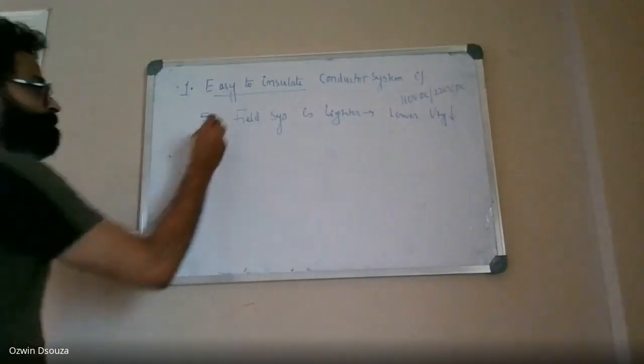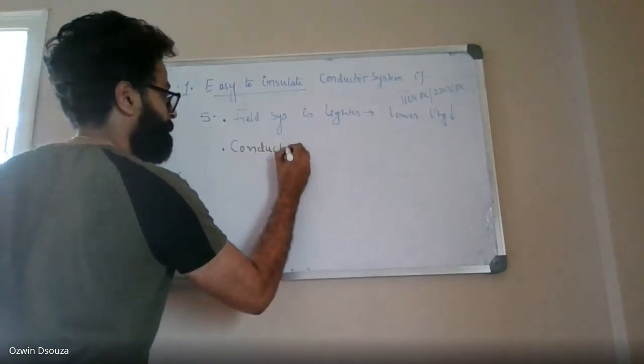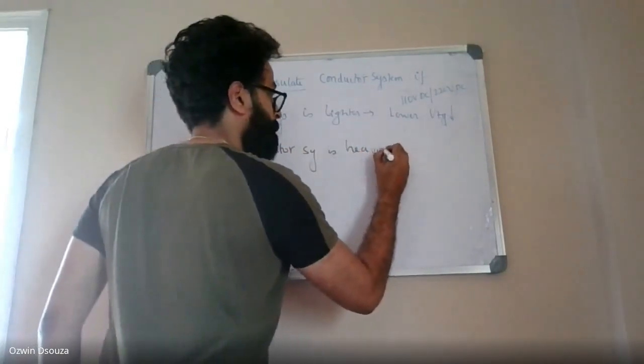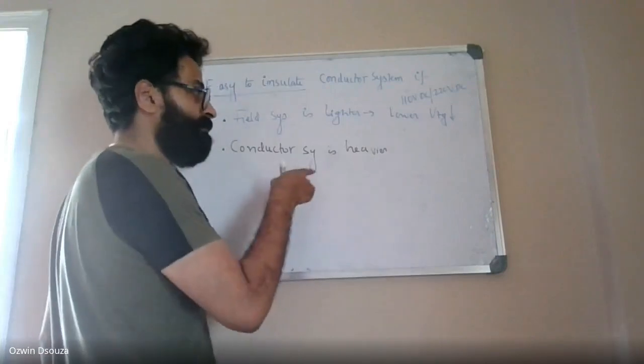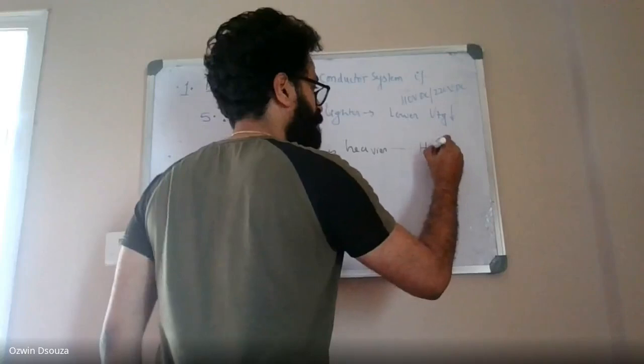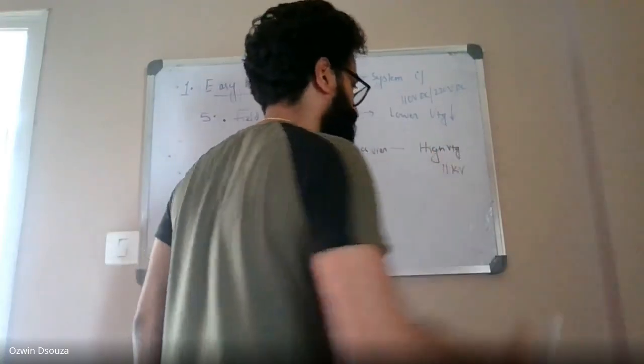On the other hand, the conductor system is heavier. We have seen this particular fact in point number 1. Heavier in the sense it works on high voltage. And what's the magnitude of voltage? Typically 11 kilovolt.